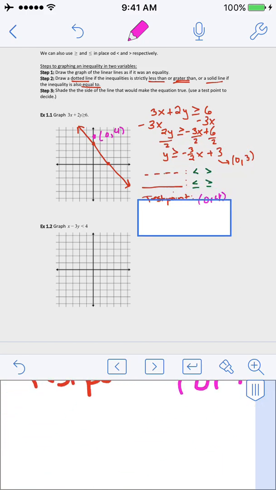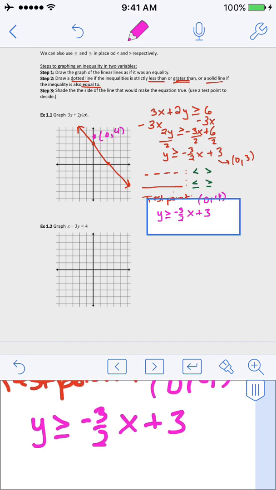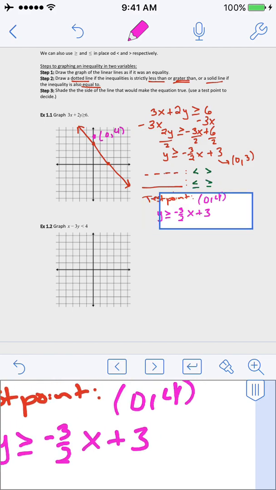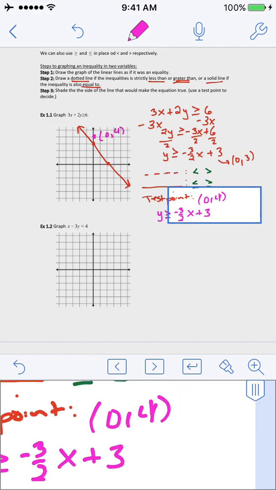Now if I plug this test point into y is greater than or equal to negative 2/3 x plus 3, and I got something that made sense, then that is definitely the side I want to shade. The shaded side is supposed to represent all your true values, right? So if this value is indeed true, I should get something that makes sense.